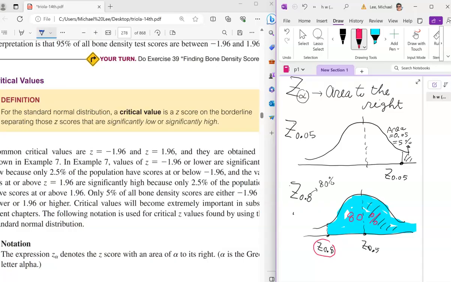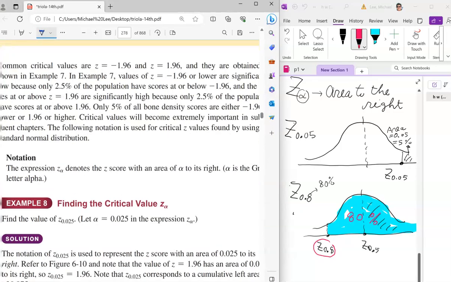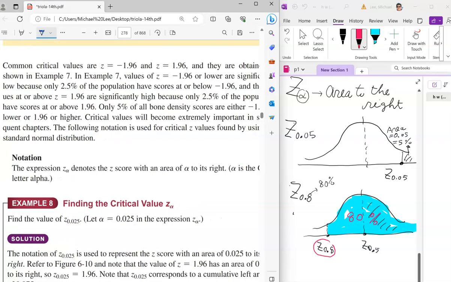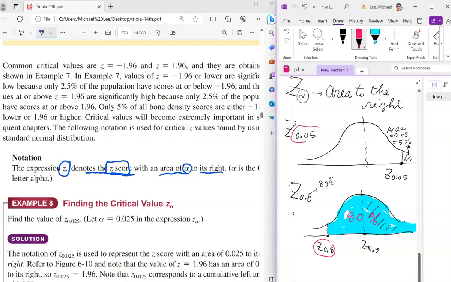Okay? So now, let's look at, see here, z alpha denotes the z-score with the area alpha to the right. Just like 0.05, the area to the right is 0.05, which is 5%.